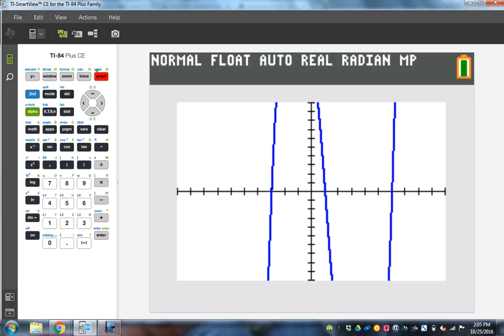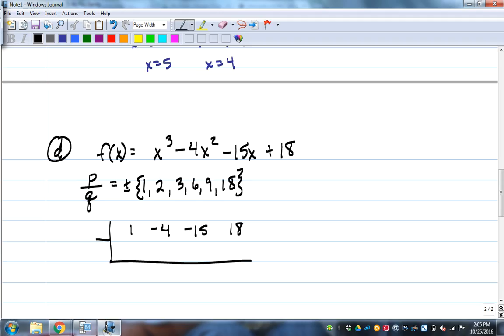All right, so we got a -3, we got a +1, and we got a +6. Pick one. I'm going to pick positive. That'll work. That'll be fine. Whichever one you pick, use it in synthetic division. So I'm going to use the +1, because it's positive and I don't have to deal with the negative signs as much.